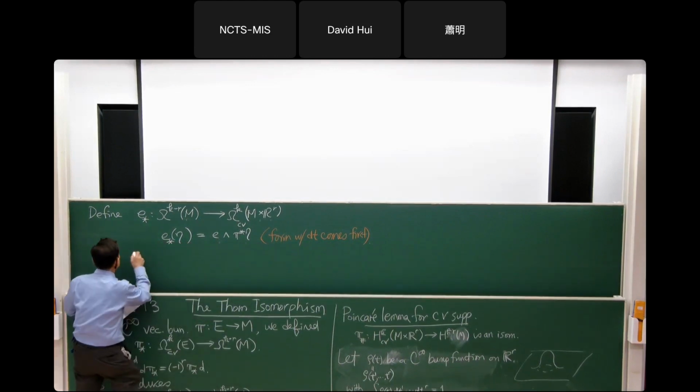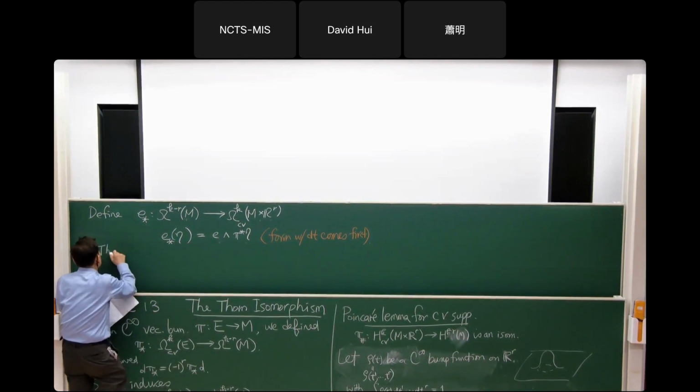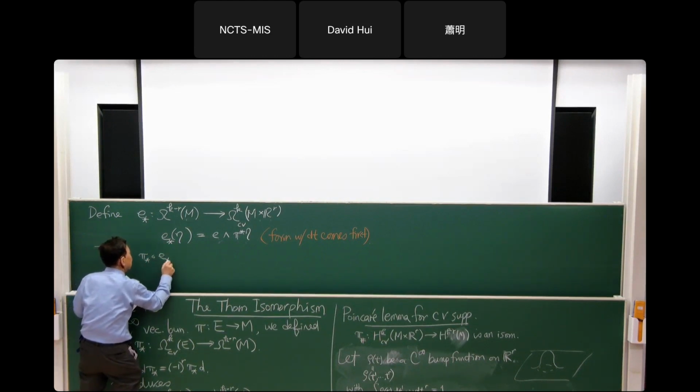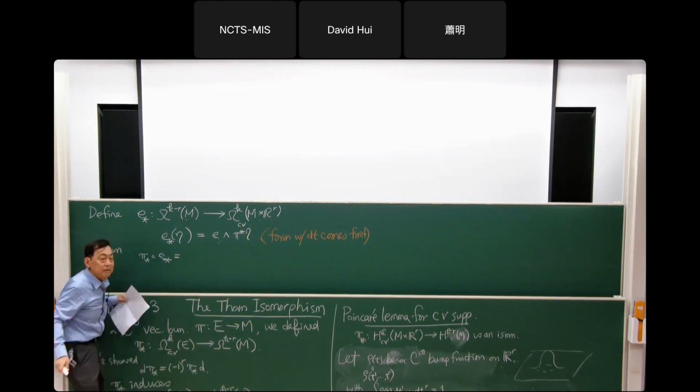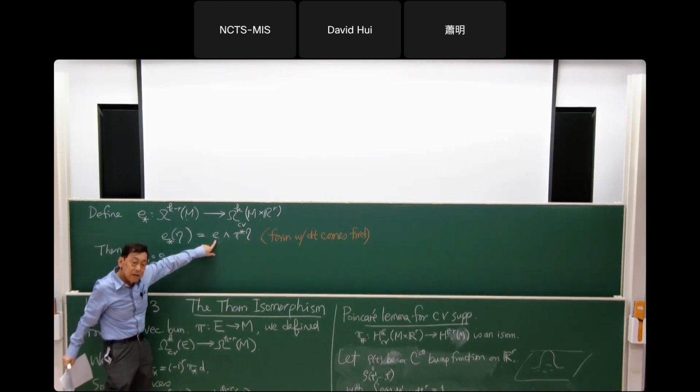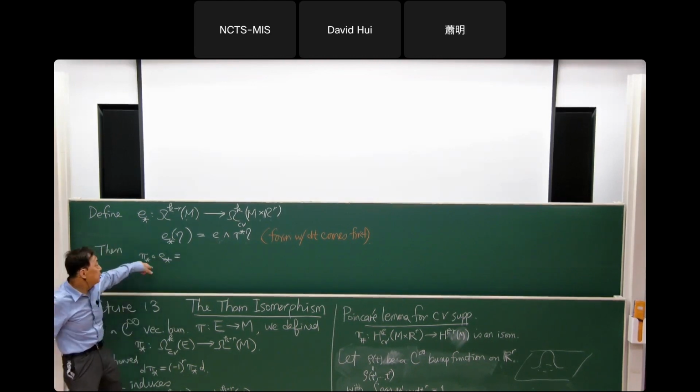Now what is pi lower star composed with E lower star? What is that? You wedge with E, and then you integrate along the fiber. What do you think we should get?